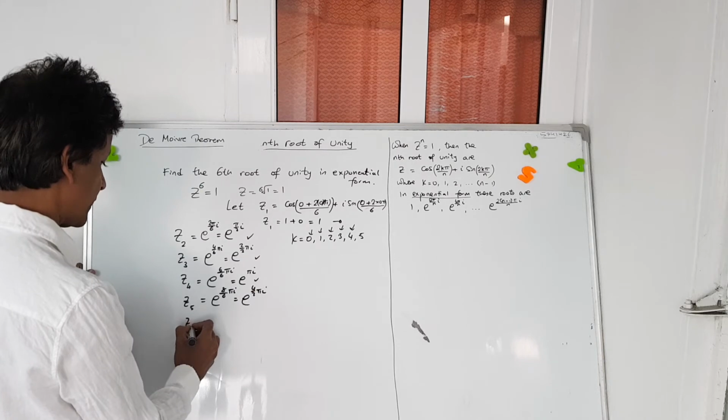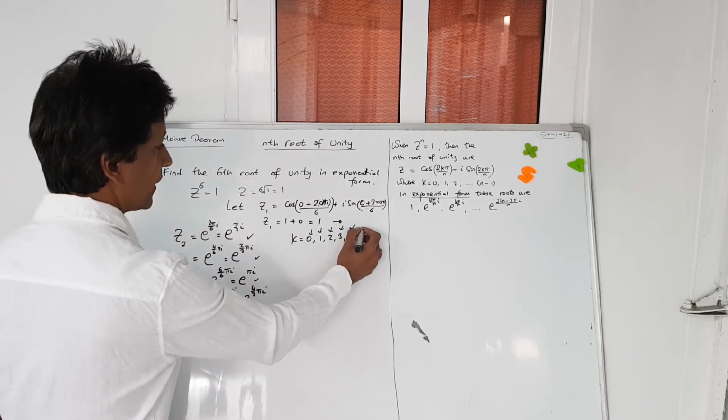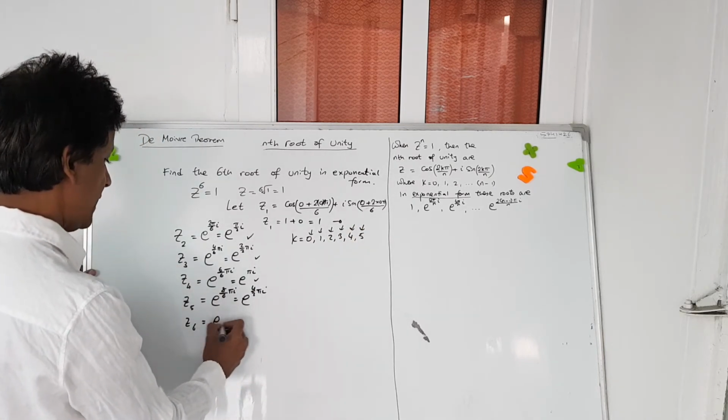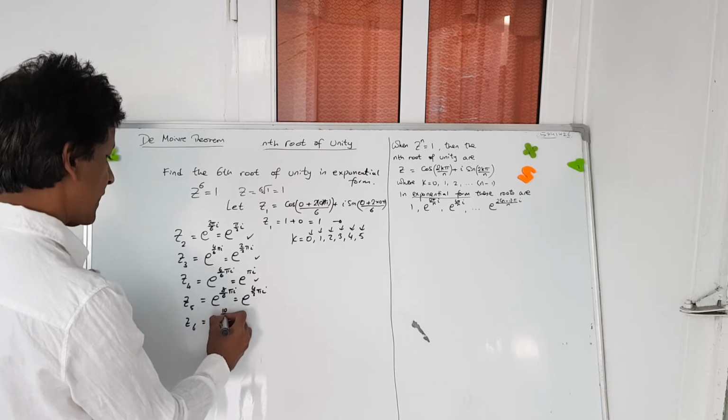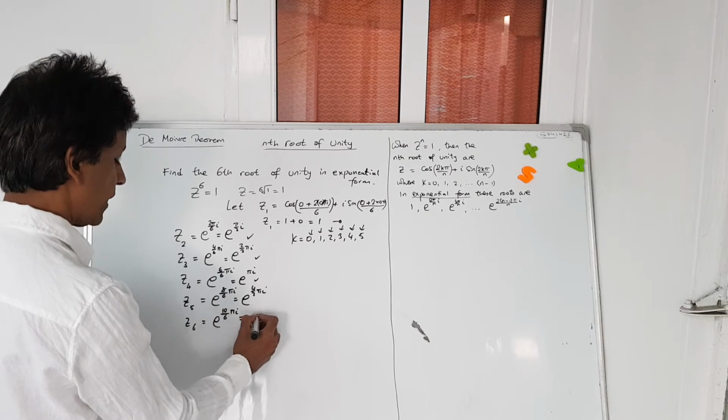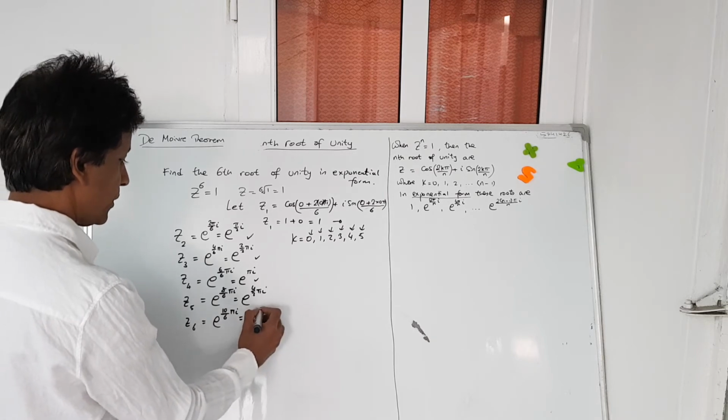And finally z6, where k is 5: 2 times 5 is 10, so 10 over 6 pi i, turns out to be e to the 5 over 3 pi i.